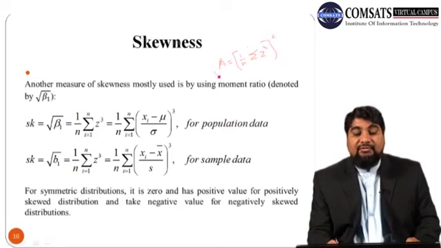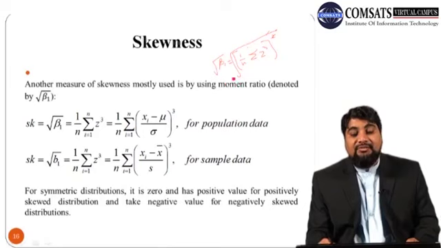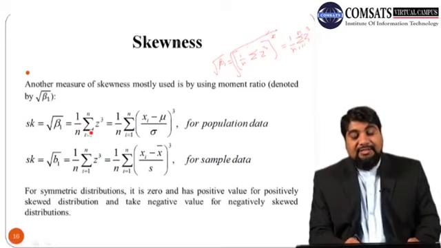If we take the square root, this square will be cancelled with this, so we are left with 1 over n into summation z cube, where i ranges from 1 to n. So this is the skewness.